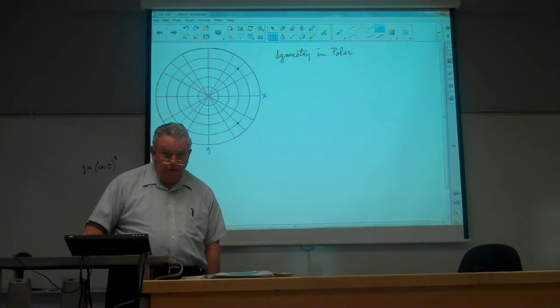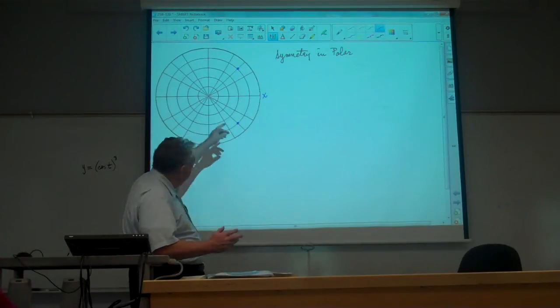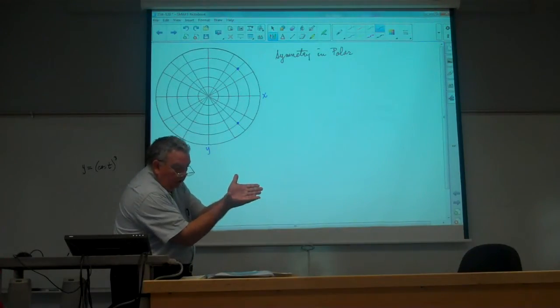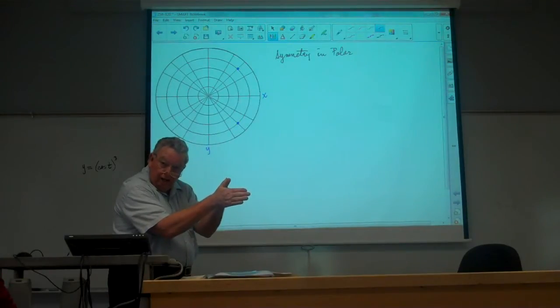Isn't that what symmetry means? Mirror image. I take this graph and I fold it at the x-axis, and all I see is one dot.